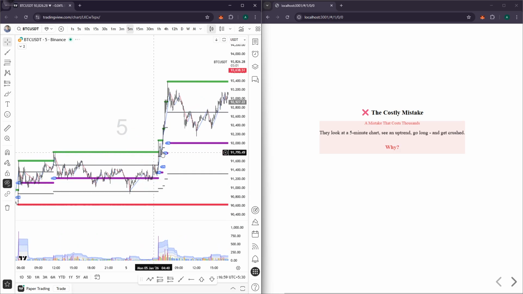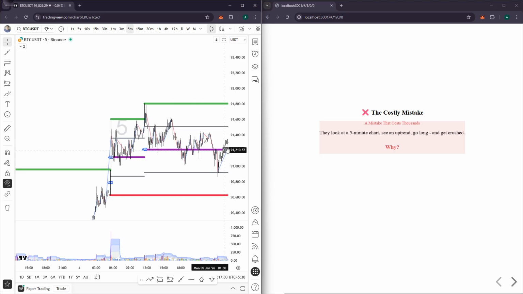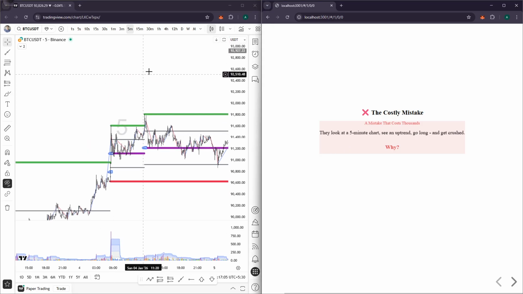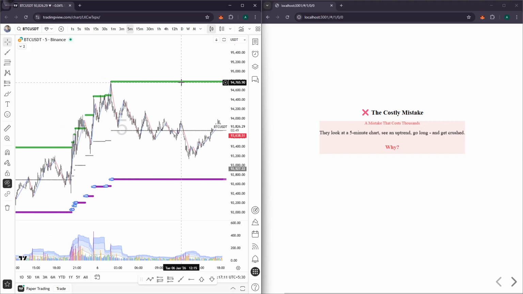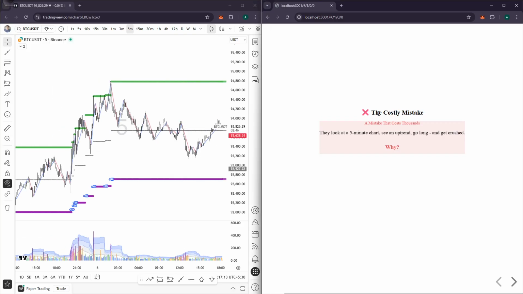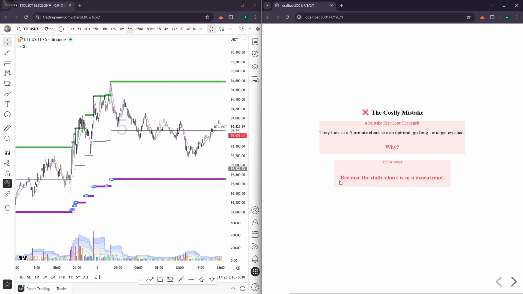If they're only looking at the 5 minute chart and go long without any higher time frame context, then it's not a high probability trade. The reason they get crushed on that trade might be that the daily time frame is in a downtrend and they're trying to go long.